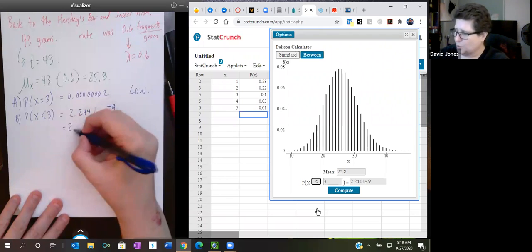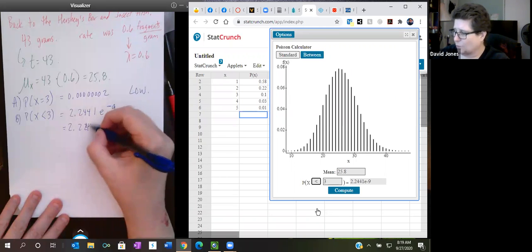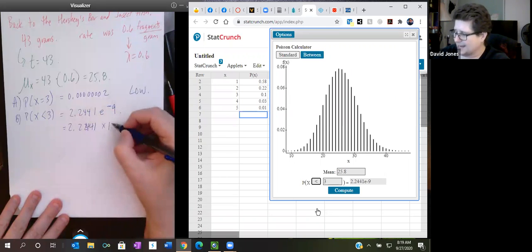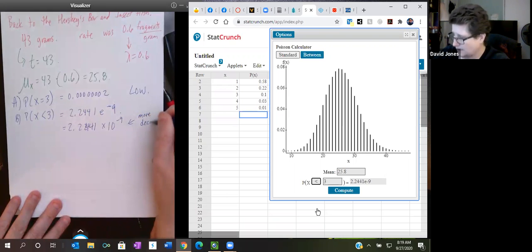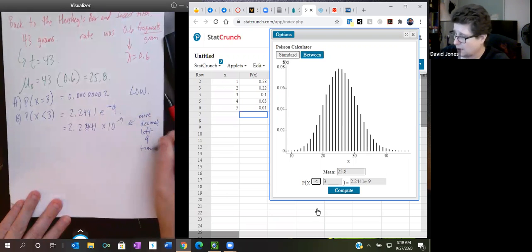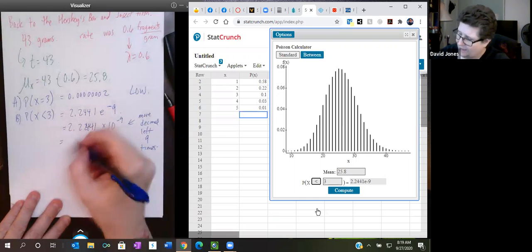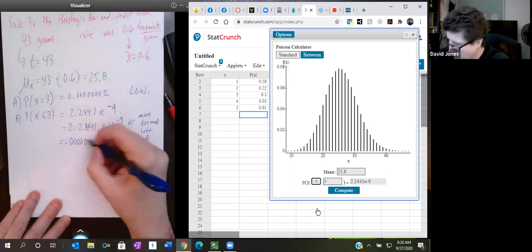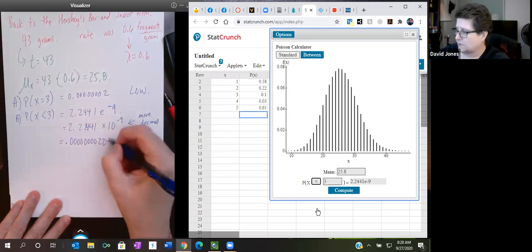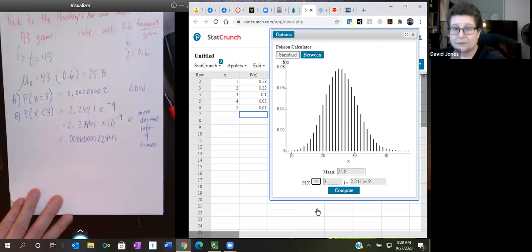This means 2.2441 times 10 to the -9, which really means move the decimal left 9 times. If I move it left 9 times, I'm going to have 8 zeros over there. Really, really low.